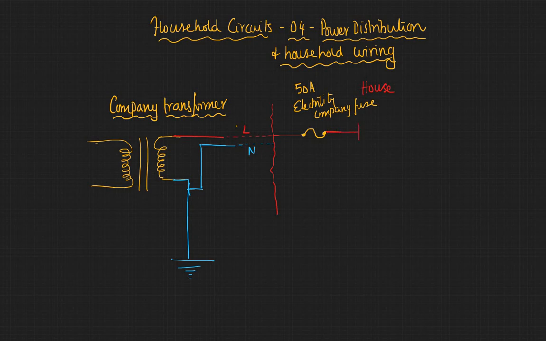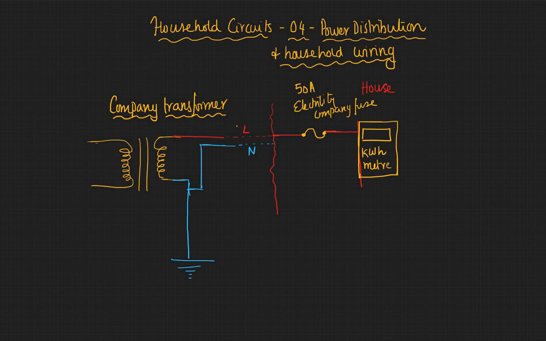And the first thing it encounters is what we call the kilowatt hour meter. This is the box that tells the kilowatt hour. So this box tells the company how much energy you have consumed, the kilowatt hour.